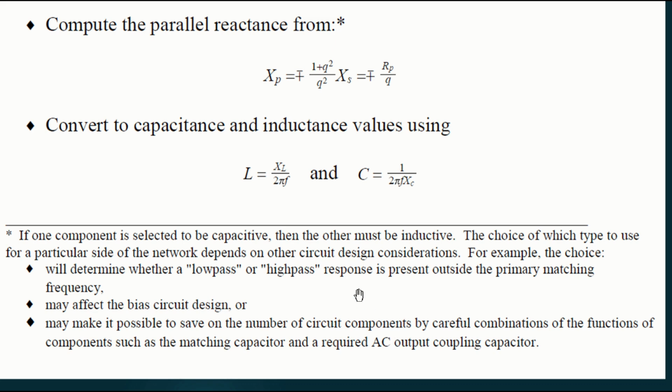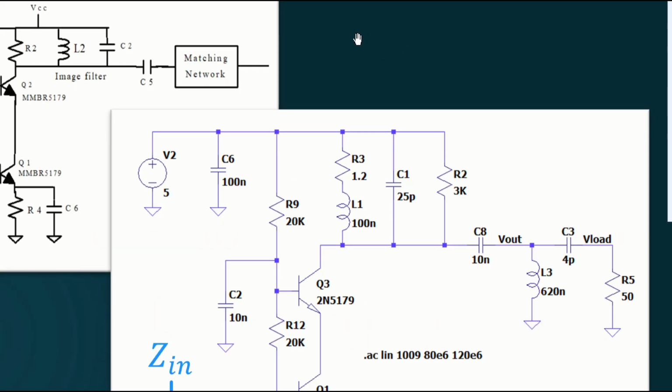Let me show you an example of that. So here's the circuit we've been talking about, and we just implemented a matching network, and it is L3C3 in this particular schematic. Now this says C8, and up here it's C5. Just ignore that. These are auto-generated C values from LTspice, so I didn't try to match them up. But anyway, this is a DC blocking cap that was up here.